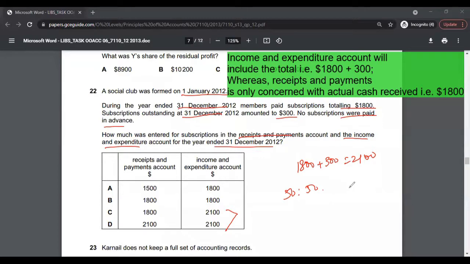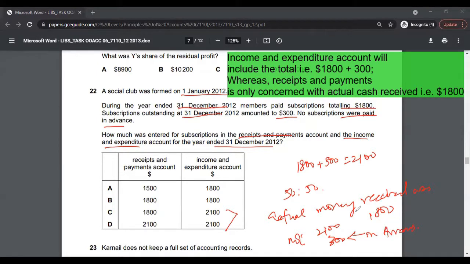The actual money received was 1,800, not 2,100, because 300 is still in arrears. Someone still has to pay those $300. So the answer to multiple choice 22 is option C.